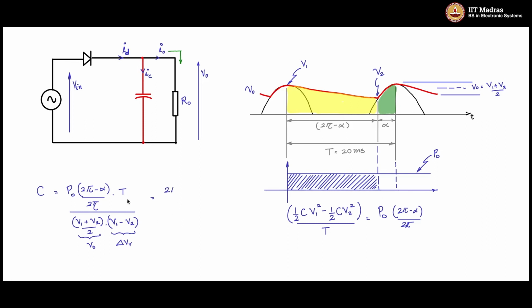So if I rewrite, 2 pi minus alpha by 2 pi into P0, divided by V0 delta VR, and T I will take to the denominator and call it F, which is the frequency of the input wave, 50 Hertz in this case.